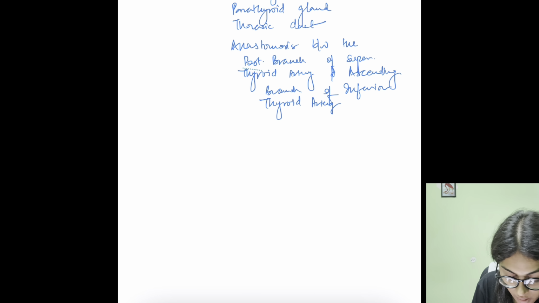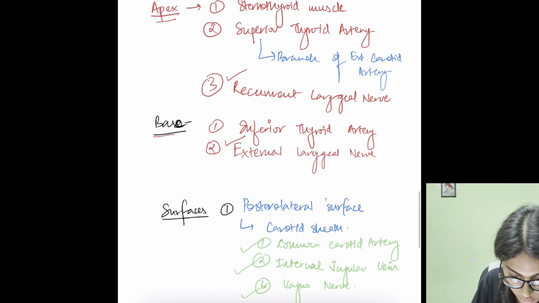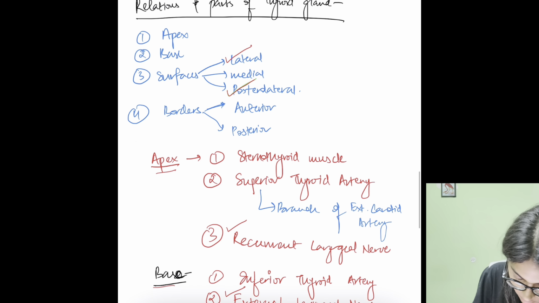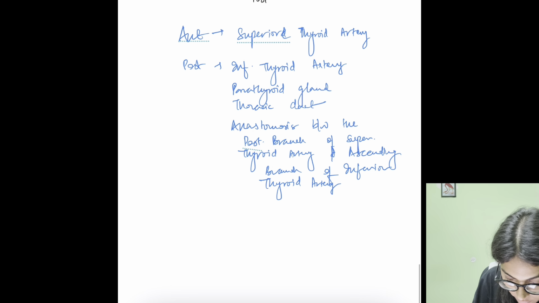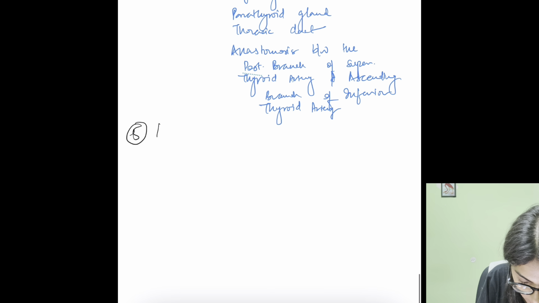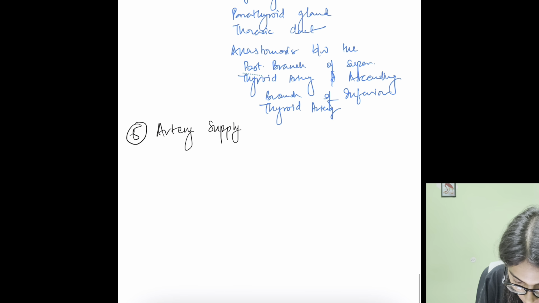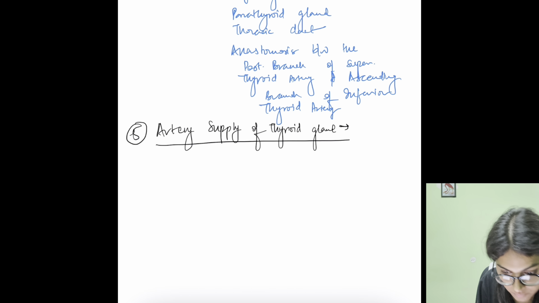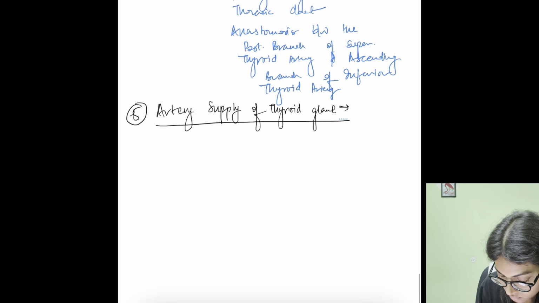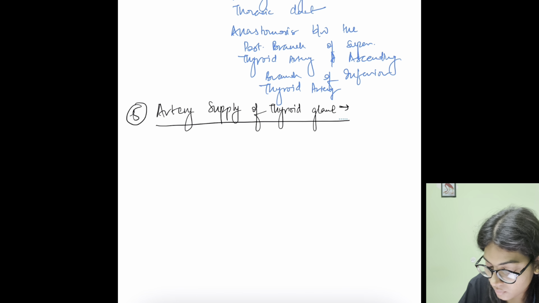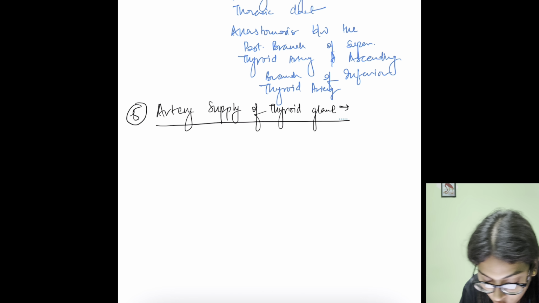If we talk about the arterial supply, this is our fifth heading, after relations as the fourth. We will talk about the arterial supply of the thyroid gland. There are four arteries.